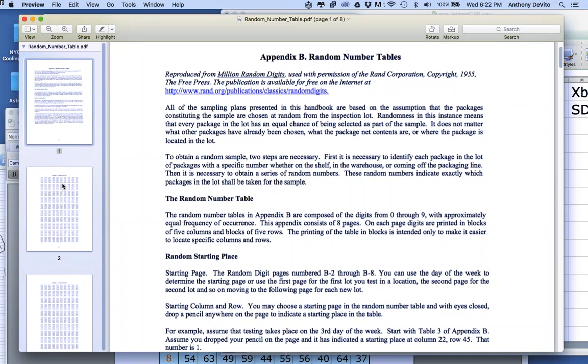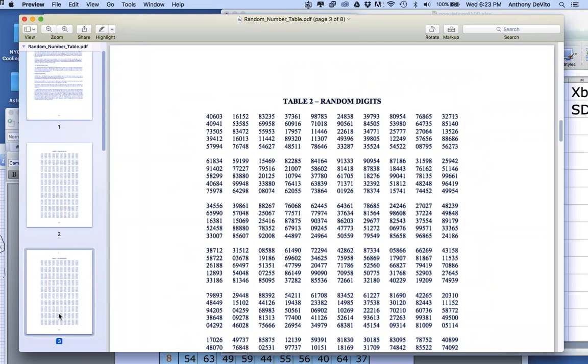It is a book published by the Rand Corporation, which, using a computer program or some other technique, generated a table of 1 million random numbers. It's just page after page of these numbers, all generated randomly.